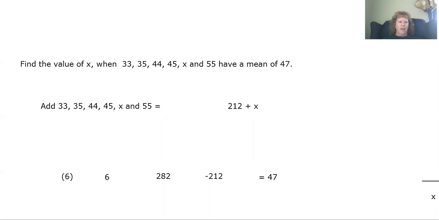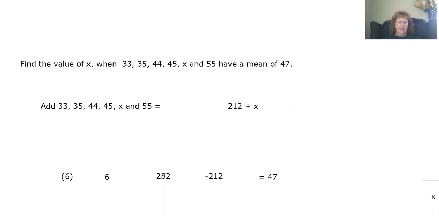Find the value of x when 33, 35, 44, 45, x, and 55 have a mean of 47. So again, if we're finding the mean or average, we're going to add all the numbers. And if you do that, you get 212 plus x.